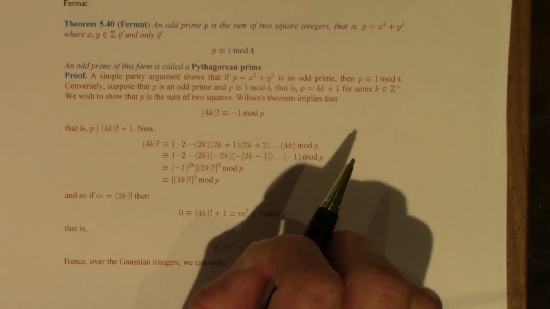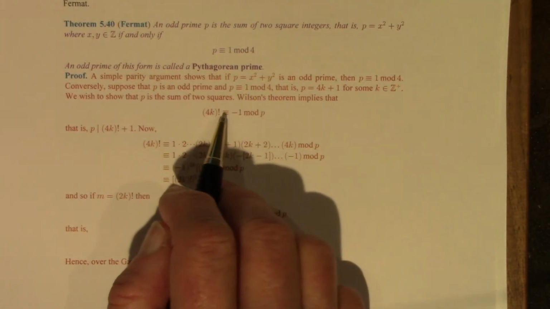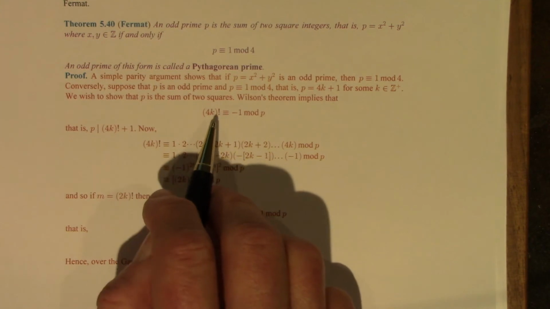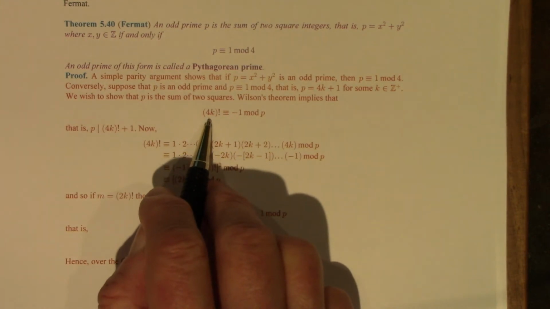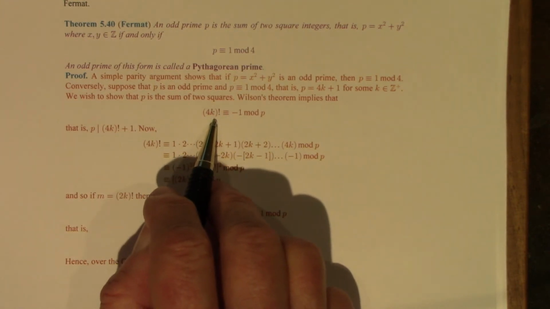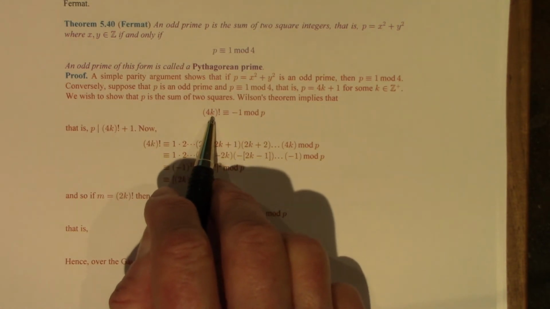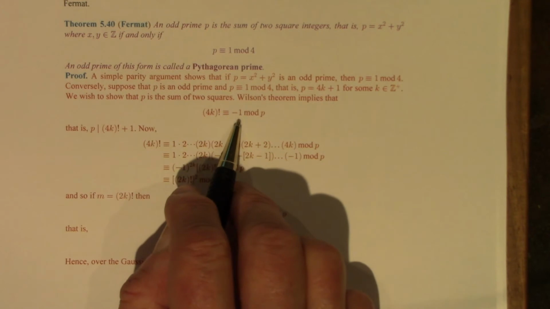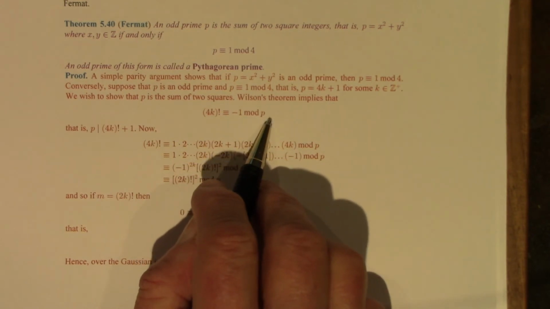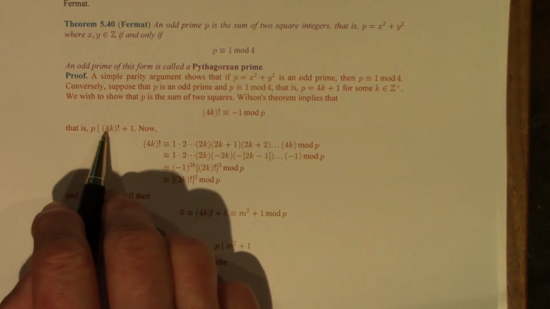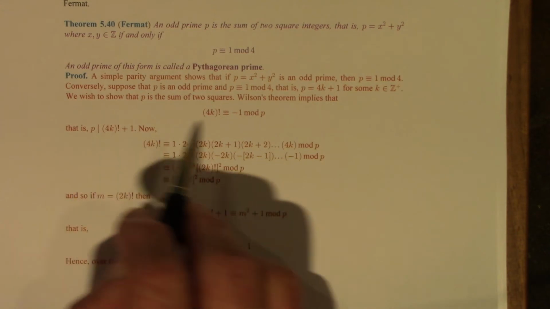And this is where Wilson's theorem comes to our aid. It says that (4k)!, which is (p minus 1)!, is congruent to negative 1 mod p. That is to say, p divides (4k)! plus 1.